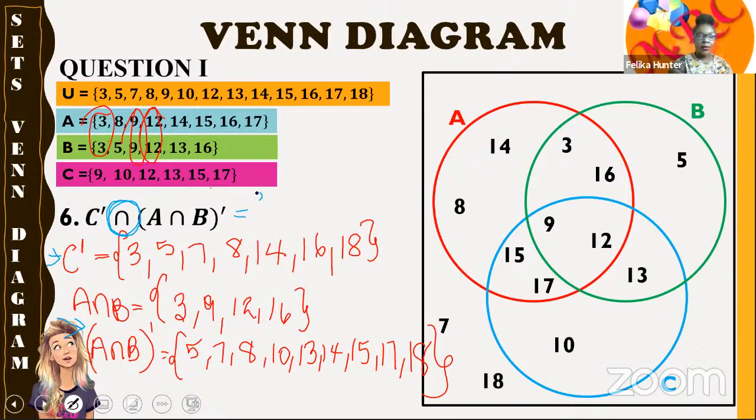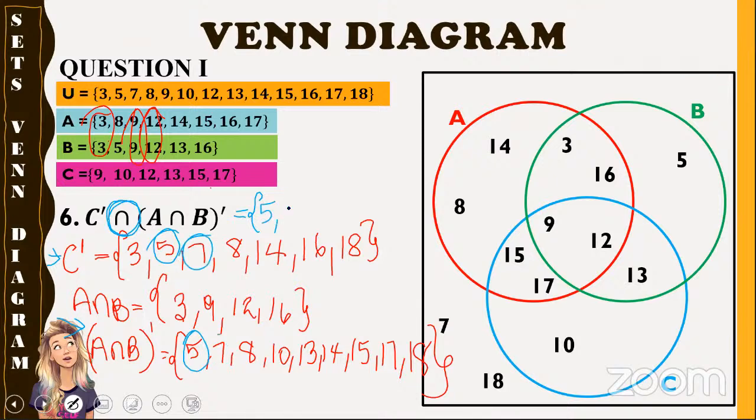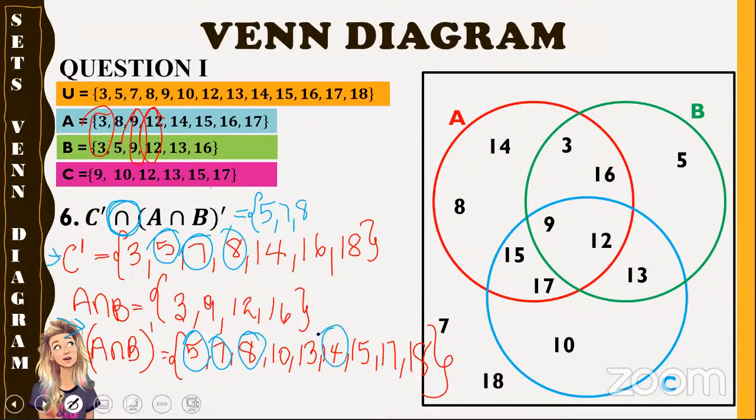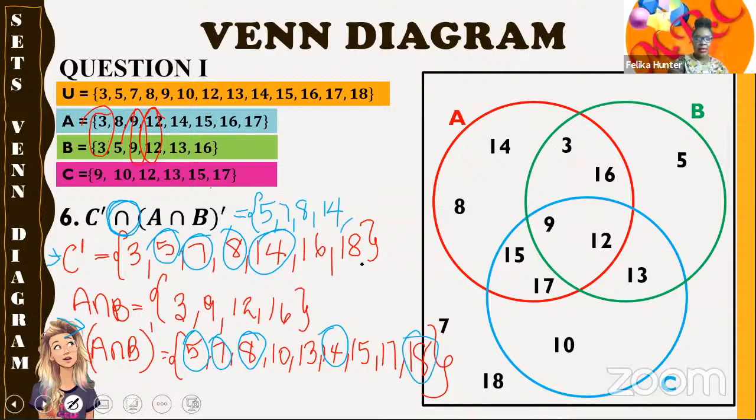So I write my equal, curly brackets, and I come to C complement and I look in there. I see a 5 here and also a 5 there. So that's the first common. Yes, I see a 7 here and a 7 here. That's my second common. 8, third. 14, 14. And 18, 18.